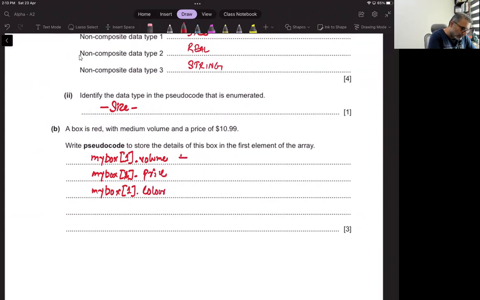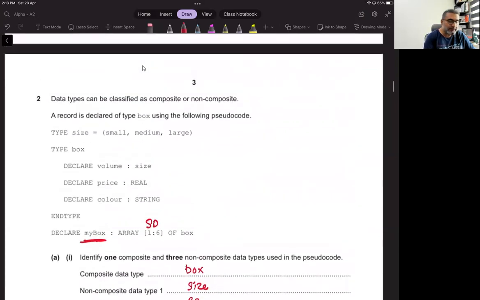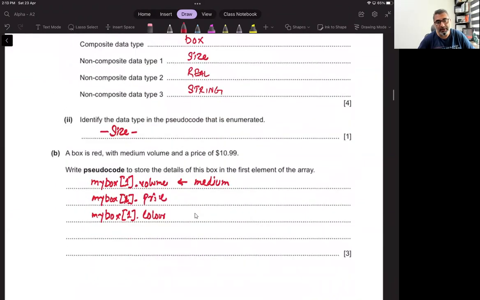All right, so volume is medium. Remember, this volume is out of size. Size, if it would have any value, it will be out of these three values, which are not strings. So when we put the value over here, we won't be putting it in any double quotation.